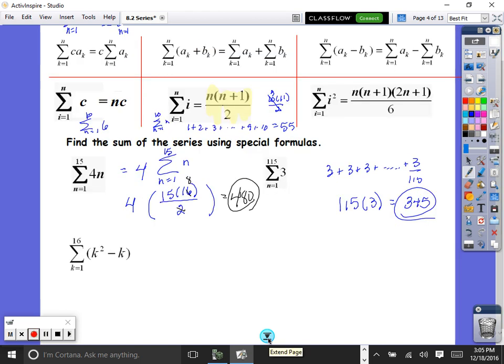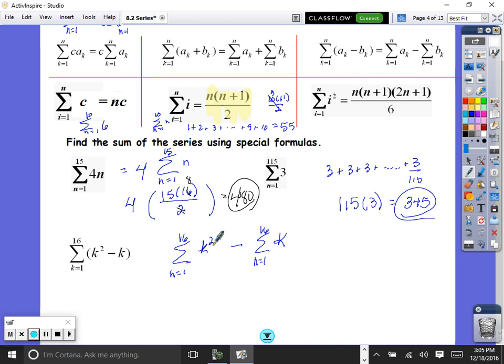And this last one combines two rules that I'm subtracting. I'm subtracting the squares and I'm subtracting all the first terms, 16 of them. So this means I could have 1 to 16 squares minus 1 to 16 linears.